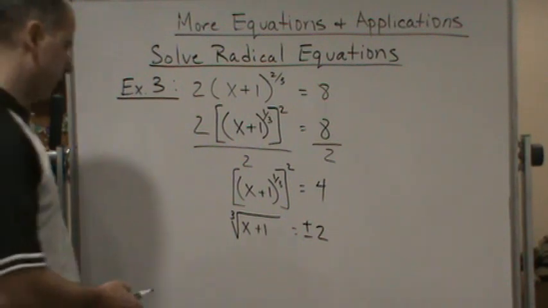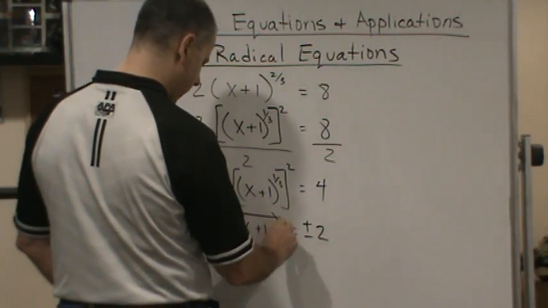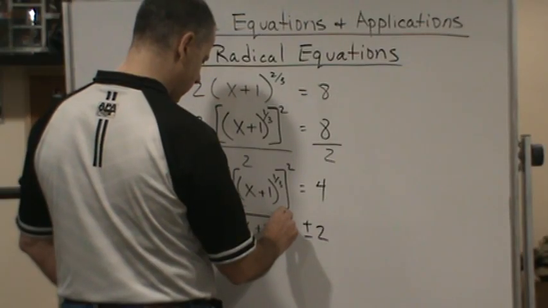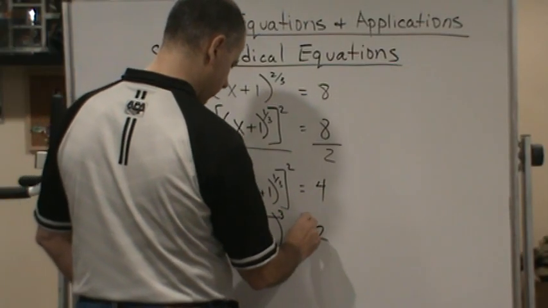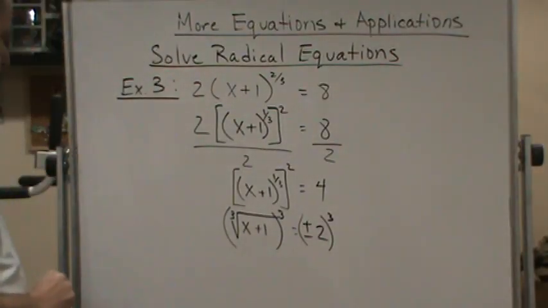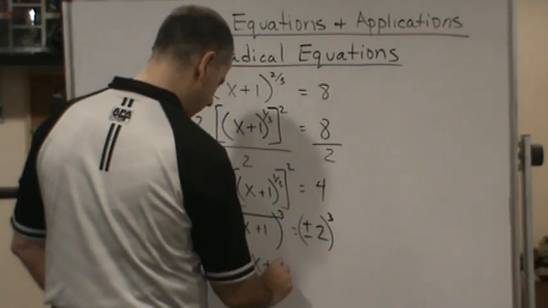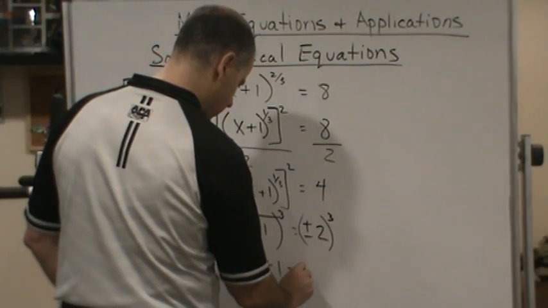Now, to get rid of the cube root, I'm going to raise both sides to the power of 3.